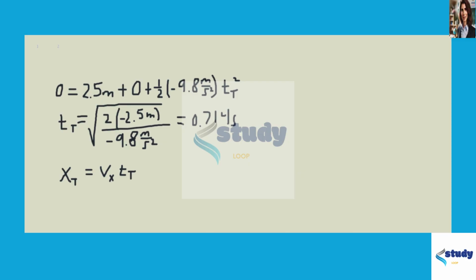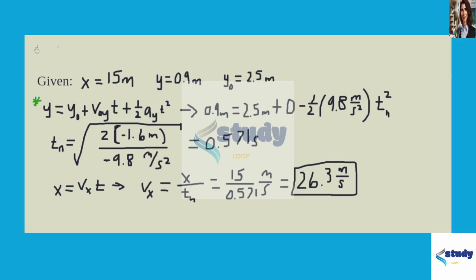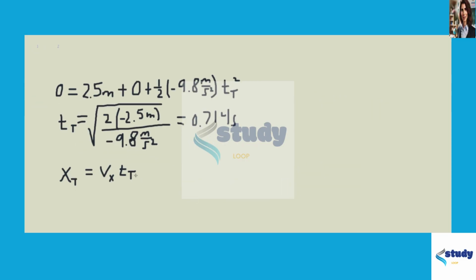We found the velocity in the x direction to be 26.3 meters per second, so this is equal to 26.3 meters per second multiplied by 0.714 seconds. Seconds cancel, and you're left with meters. This is equal to 18.8 meters.